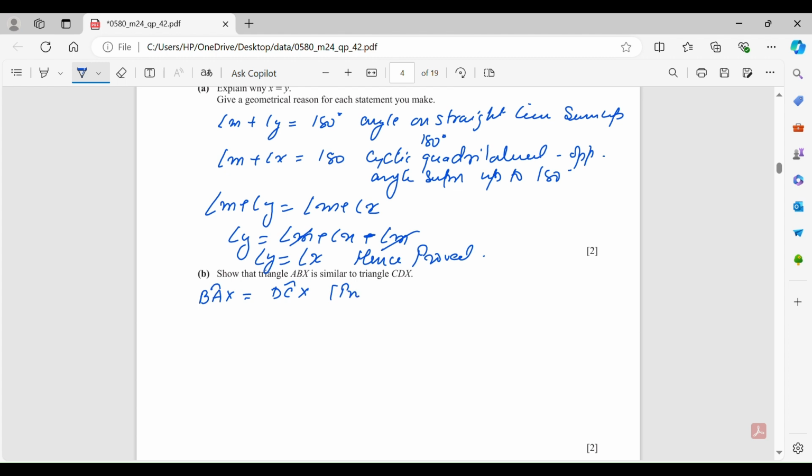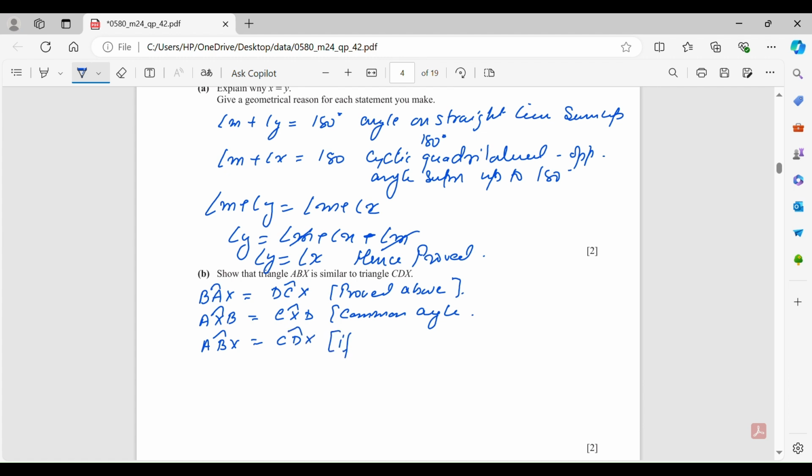Proved above. Then angle AXB will be equal to angle CXD, common angle. And last, angle ABX will be equal to angle CDX.